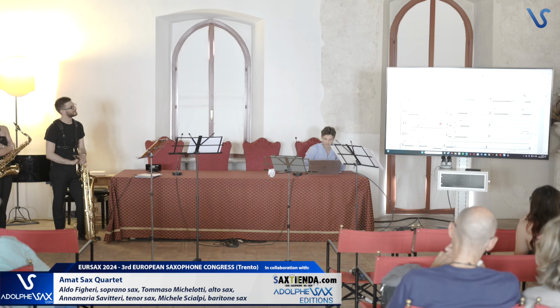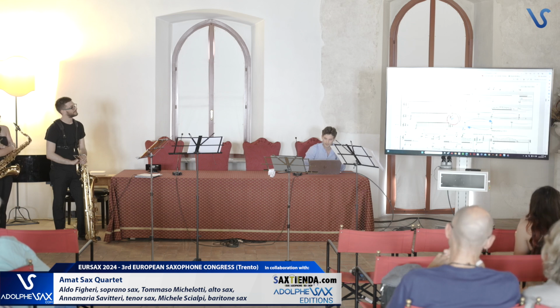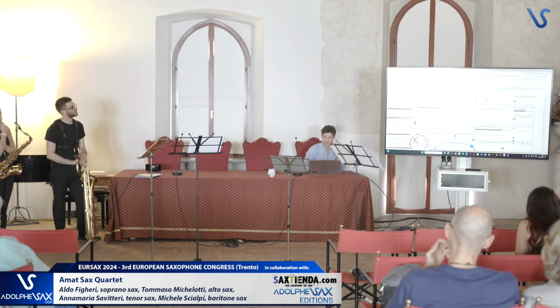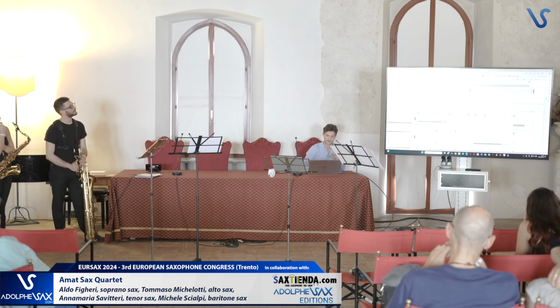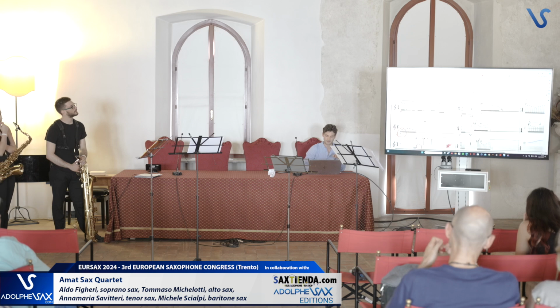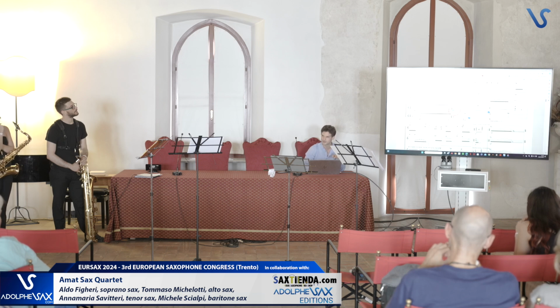If we want to see, for instance, let me look at the second adagio, bar 26. You see, this bar is the same as that one, the same concept, but just more complex.